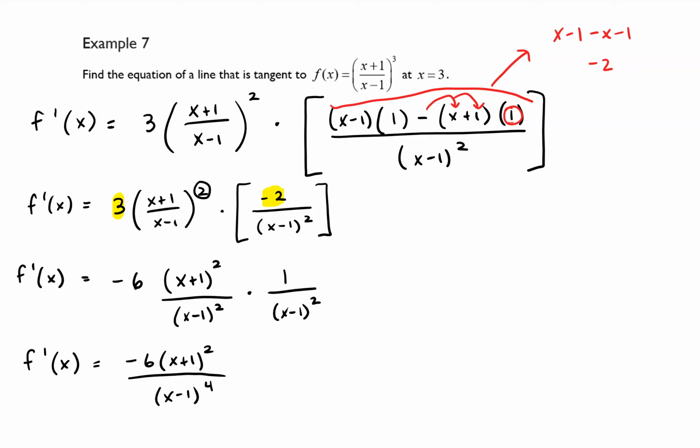So now what we need to do is find the slope of the tangent line when x equals 3. So we will do that by evaluating our derivative function at x equals 3.